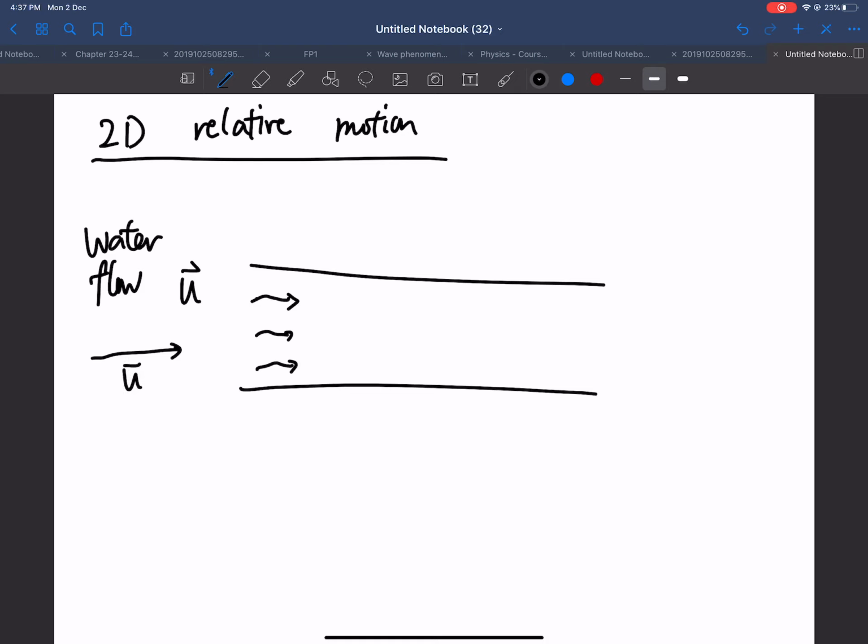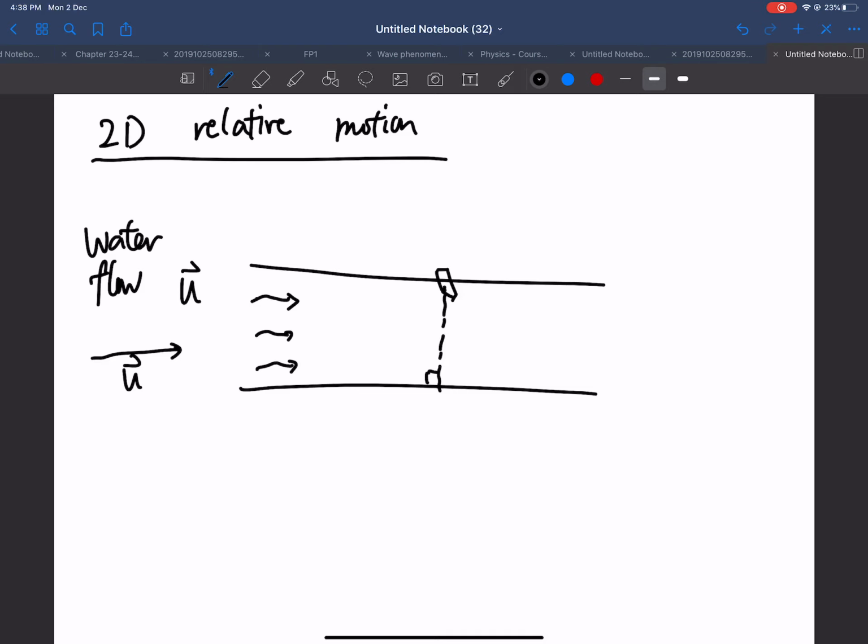So if the ship is along one side of the river, and we want to move vertically, that means perpendicular to the river, in this direction, okay?